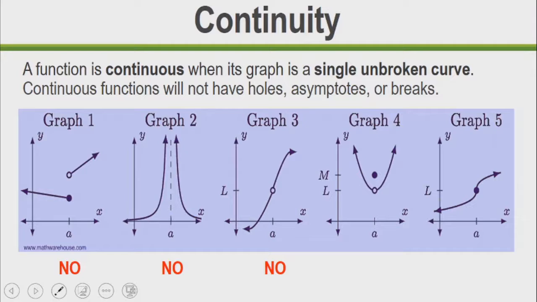Graph 4 is not continuous because look at it. The graph also has discontinuities. It has a hole and a jump. So graph 4 is also not continuous. What about graph 5? Yes, graph 5 is continuous because it is a single unbroken line. That is why graph 5 is a continuous graph.